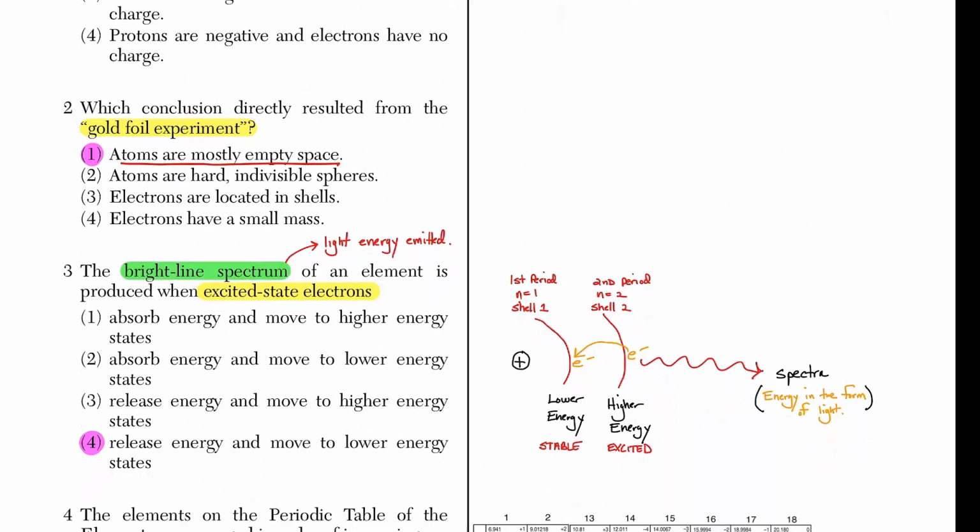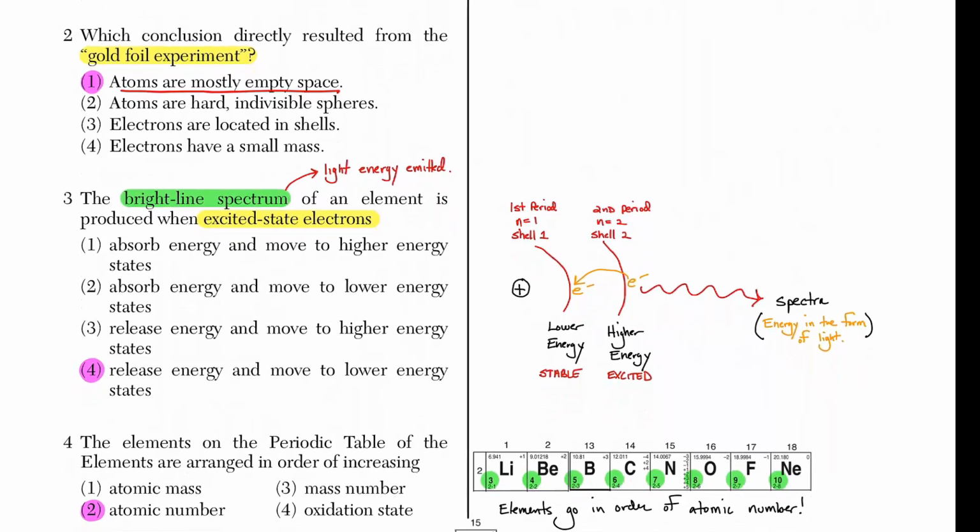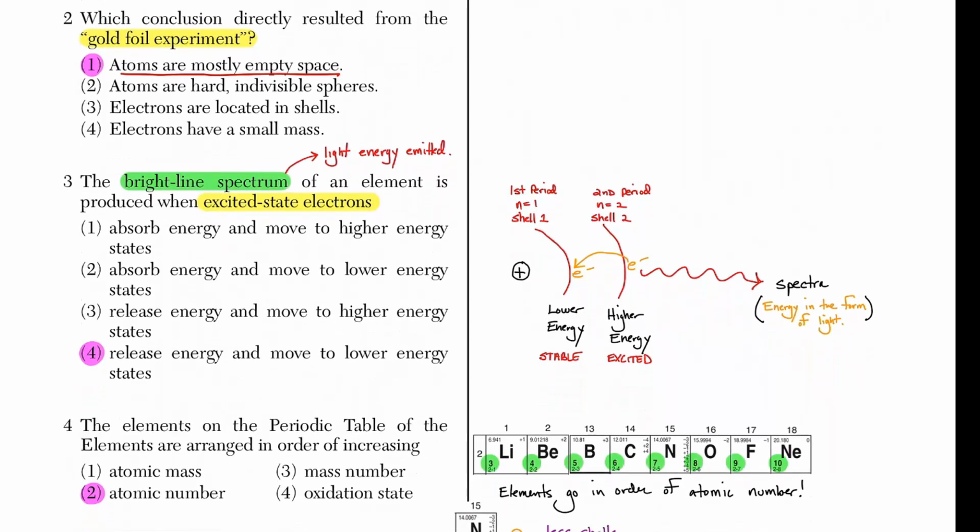Number 3, the bright line spectrum. Now, we haven't talked about this, but we did talk about the idea that spectra, or light of a specific energy, which would mean a specific color, is given off when we jump backwards. So this leap right here is of a particular distance that has an exact energy.